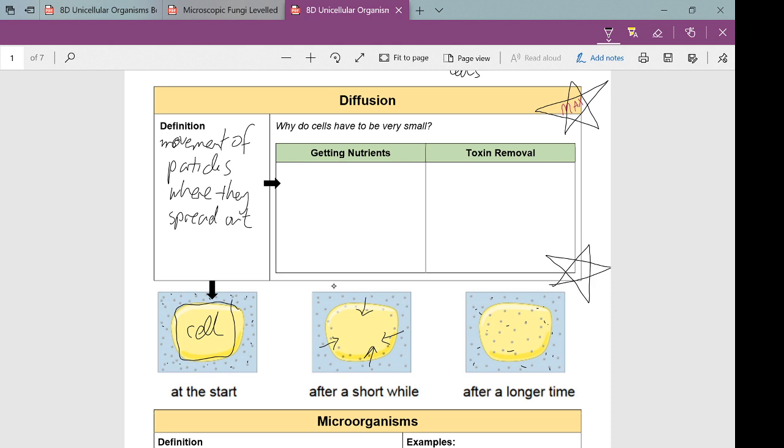Adam, I'm mainly talking about how if you had a cell, let's pretend that we had a cell that was a lot bigger. And the middle of the cell wants those nutrients as fast as possible. Do you think it would go faster or slower if the cell was really big?